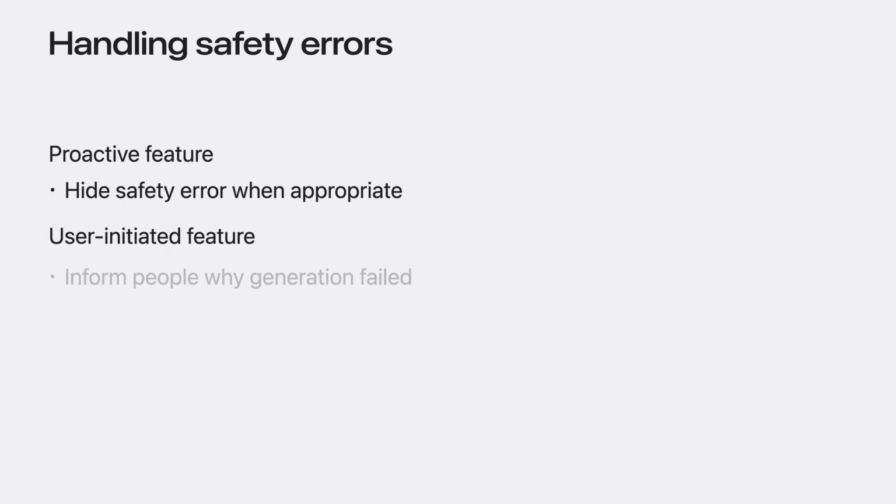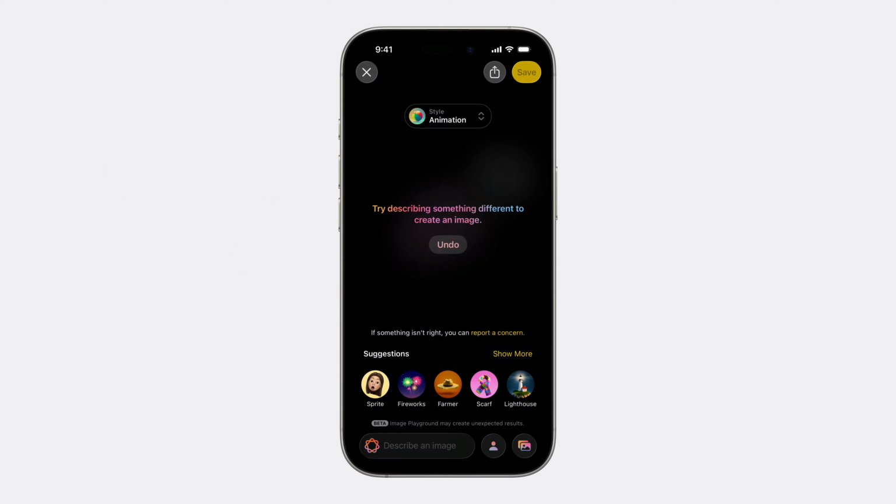For a user-initiated feature, especially one that has someone wait, remember to provide appropriate UI feedback to explain that the app cannot process the request. It can be a simple alert, or you can use this opportunity to provide alternative actions for people to choose from. For example, Image Playground provides an easy way for people to undo the prompt that caused the safety error.